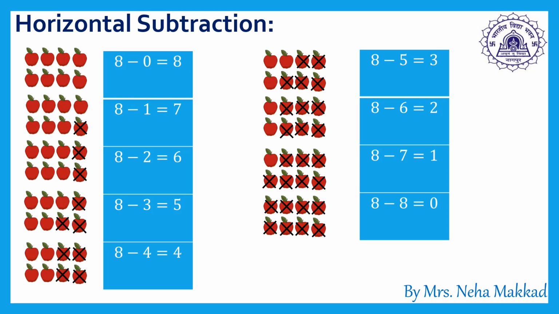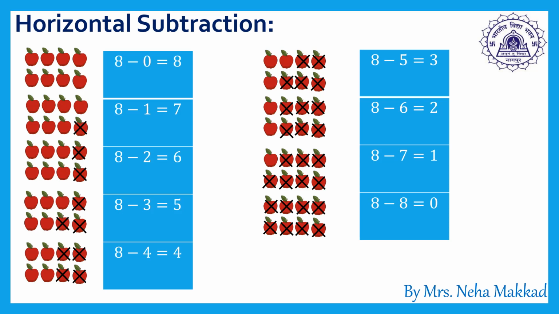In the third example, when we cross out 2 apples from the given 8 apples, the answer or the difference that we obtain is 6. Then again, when we cross out 3 apples from 8 apples, the answer or the difference that we get is 5 apples. In the next one, when we cross out 4 apples from 8 apples, the answer that we get is 4.